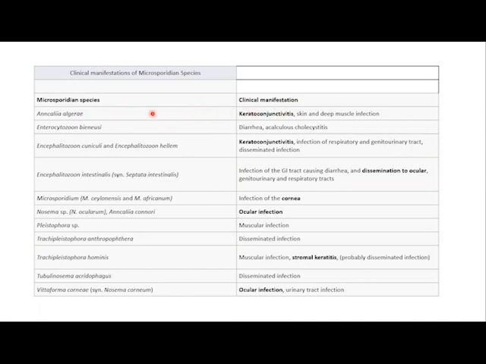Some cause keratoconjunctivitis with respiratory and genital tract infection, and Encephalitozoon intestinalis disseminates to ocular infection. Other species cause stromal keratitis, many species cause both enteritis and ocular infection, and some cause only ocular infection.